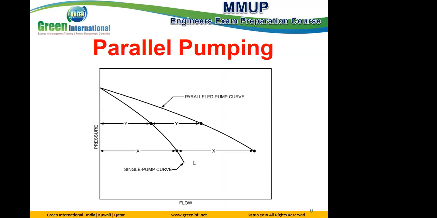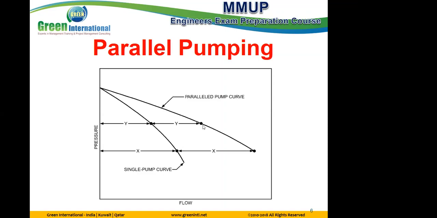We will find the flow will be double, discharge will be double, at constant pressure. Also, if we change the point selection, we will find the same answer here. The first one is a single pump; after we added another one, we see an extension of the flow rate.